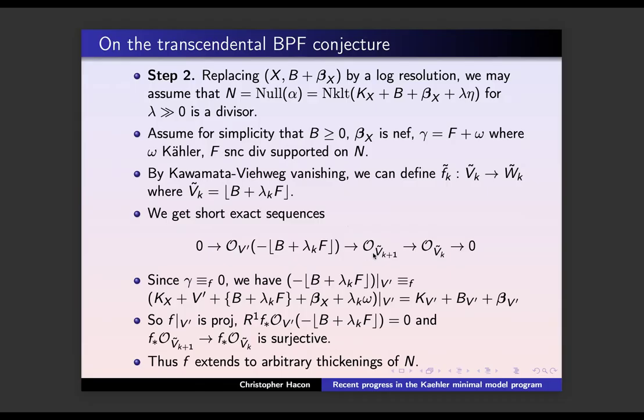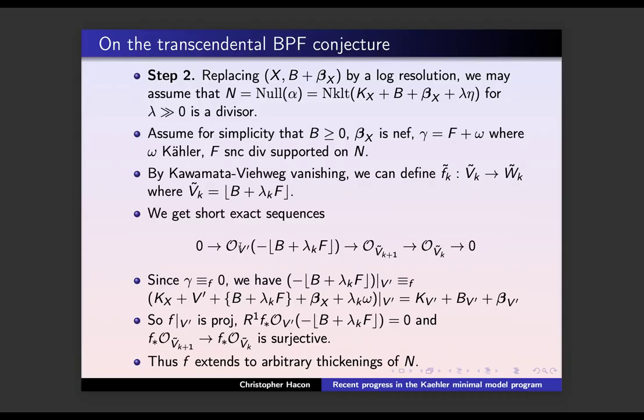You can take the thickened space V_{k+1} restricted to V_k, and you can consider the kernel of that map, which looks like O_{V prime}. It's supported on this new divisor that you've added, minus the round down of this divisor in order to make this sequence exact.